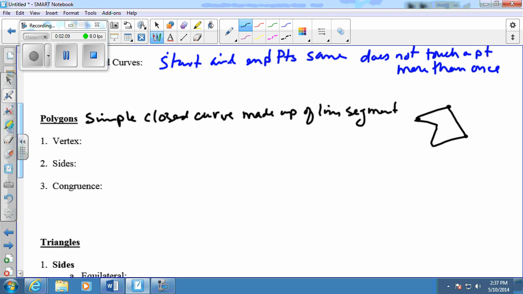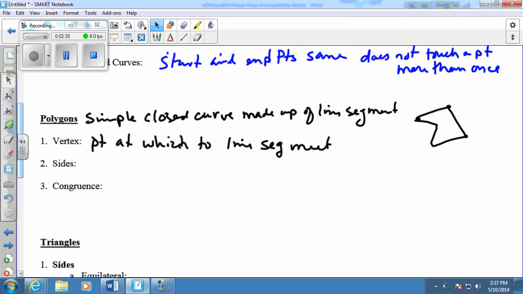The vertex is a point at which two sides meet, or two line segments.